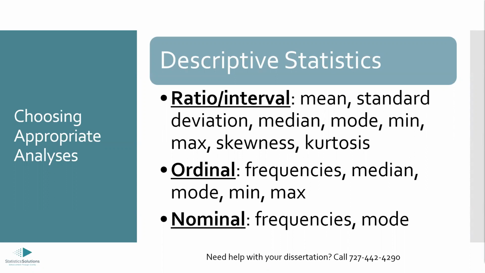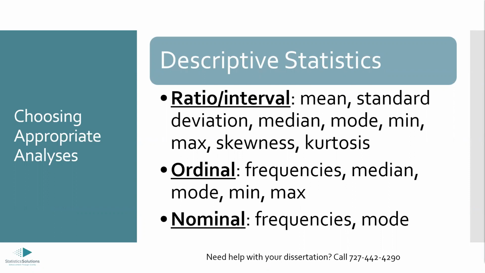For ordinal levels of measurement, we can produce frequencies, which would just be the count of how often a category occurs in the data. We can also, like ratio and interval, meaningfully produce a median. So if we ordered the observations of the categories from lowest to highest, what is the middle value among those observations?